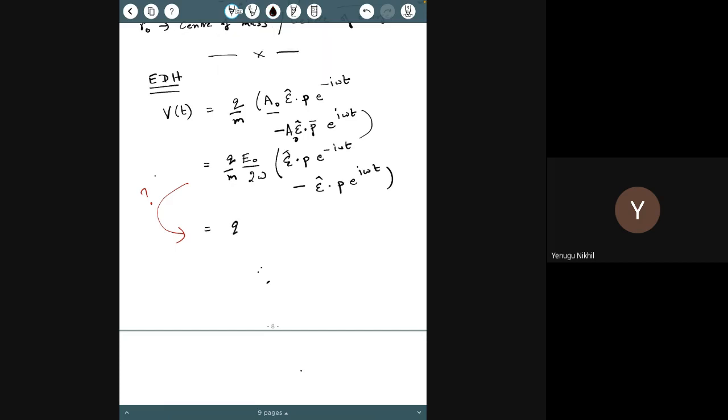So what I want is basically to have minus q E0 by m omega epsilon dot p sine omega t. So this is what I want.